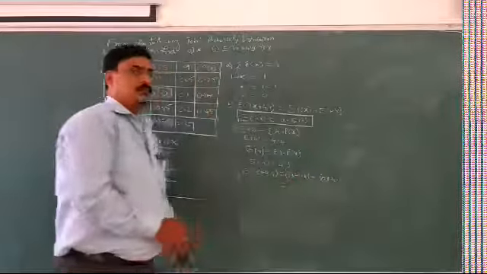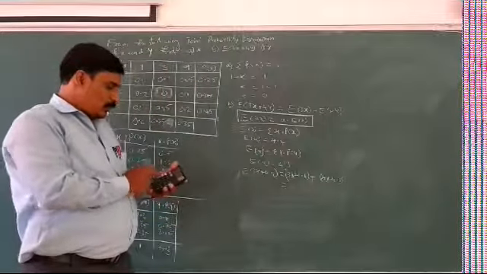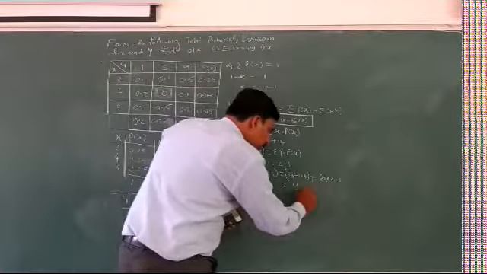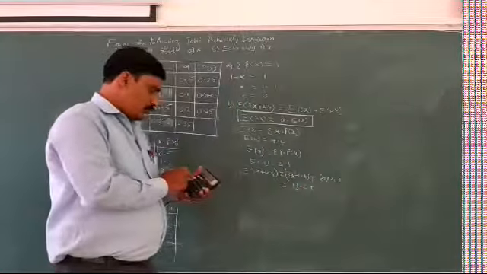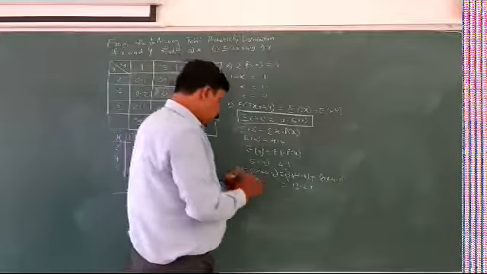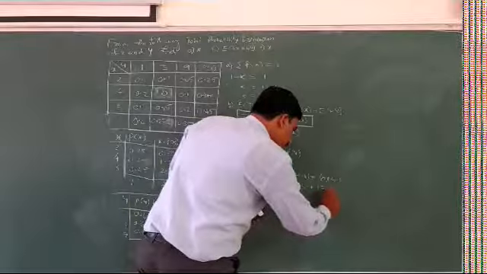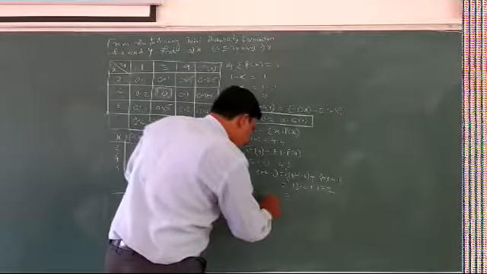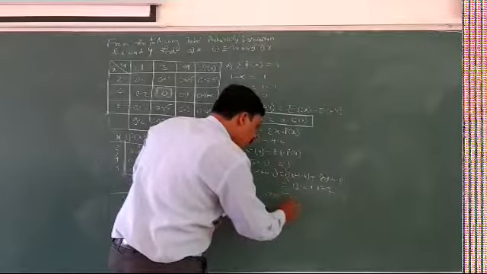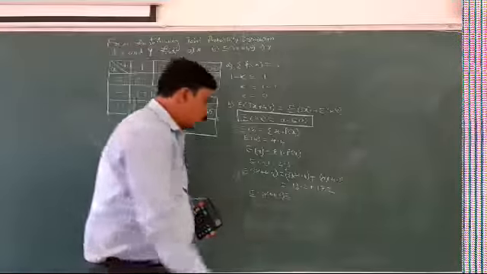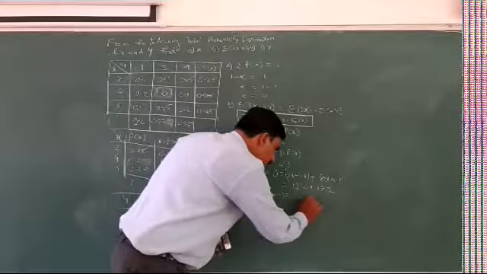So 4.4 into 3 is equal to 13.2, plus 4 into 4.3 is equal to 17.2. So therefore E of 3x plus 4y is equal to 13.2 plus 17.2, which is 30.4.